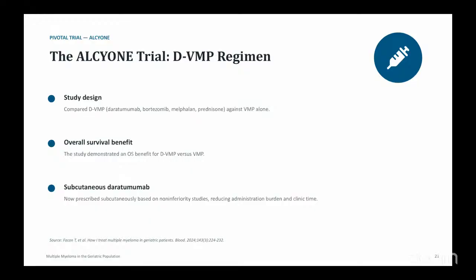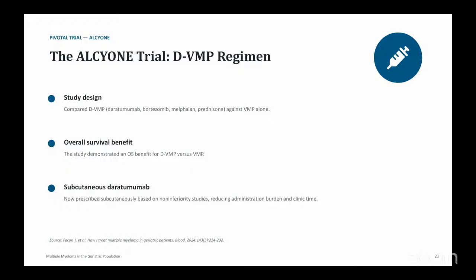The ALCYONE trial demonstrated that the DVMP combination, which is daratumumab, bortezomib, melphalan, and prednisone, was more effective than VMP alone. So the addition of daratumumab was deemed more effective.